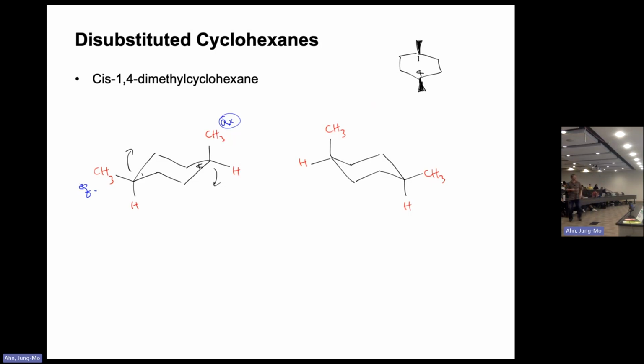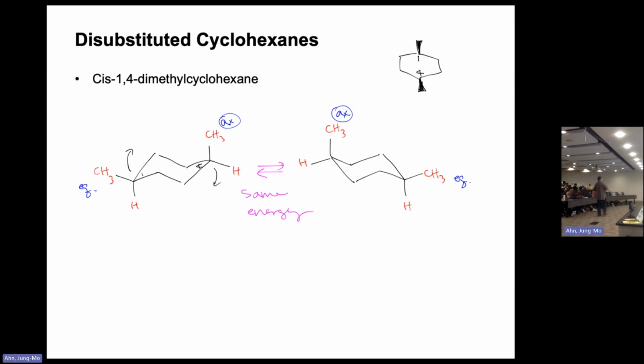In a way, axial becomes equatorial, equatorial becomes axial. So if you look at the number of axial substituents for each chair conformation, they're the same number. One methyl always stays axial, even though they're different methyls. This was an axial in this conformation, and that hydrogen becomes an axial in the other conformation. So you can say that both are the same energy.